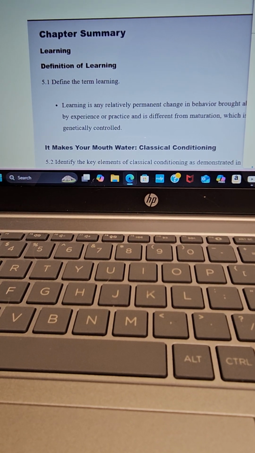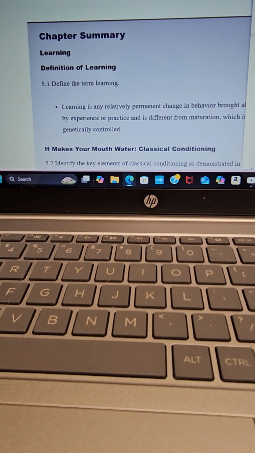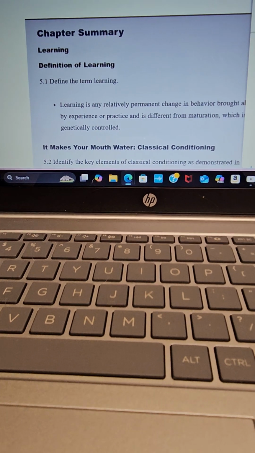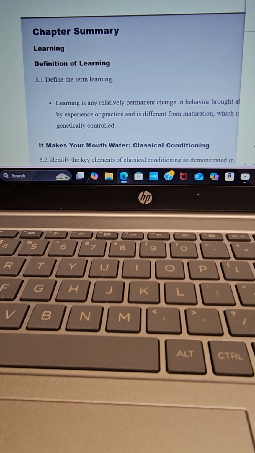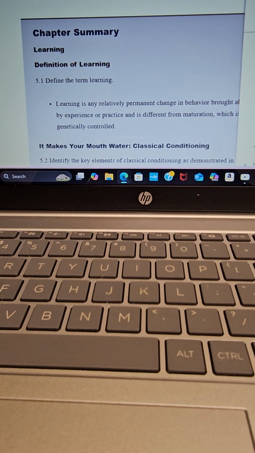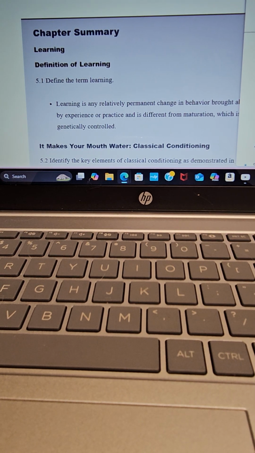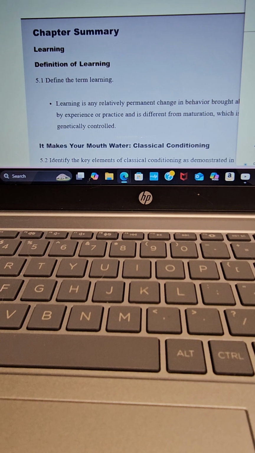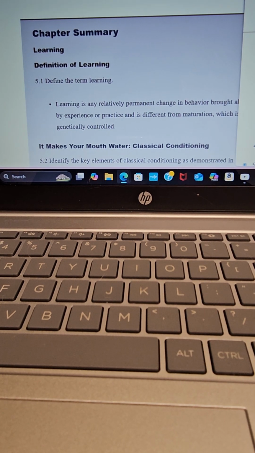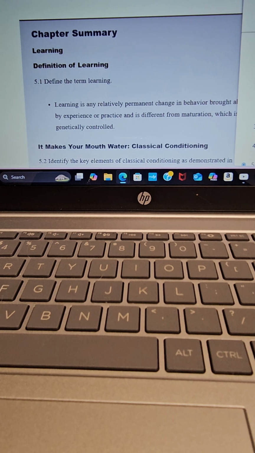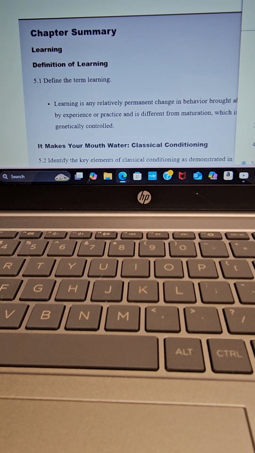Classical conditioning. 5.2. Identify the key elements of classical conditioning as demonstrated in Pavlov's classic experiment. Pavlov accidentally discovered the phenomenon in which one stimulus can, through pairing with another stimulus, come to produce a similar response.